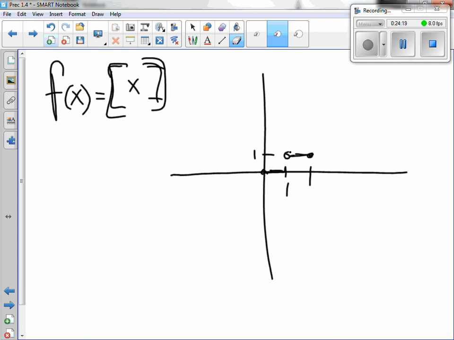As soon as we hit 1, it jumps up to 1. And all the way until we hit 2, it is at 1. So 1.99999 is still 1 in the step function. But as soon as we hit 2 on the x, it is now at 2.